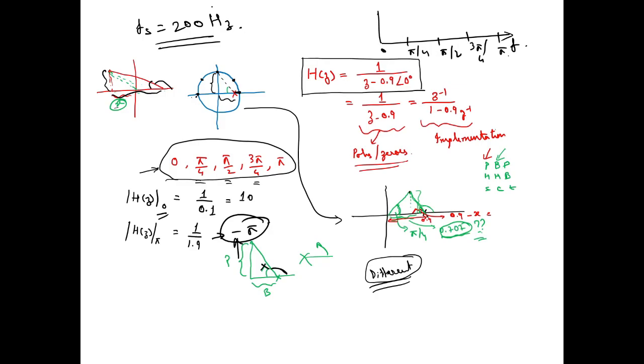If sampling frequency is given, you need to find out for these 5 locations, but then you convert this into the frequency components. I have already told you how to do that, so I hope you will be able to do that. Please do it. Then we can discuss.